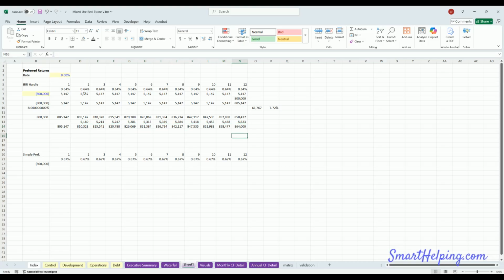If you don't pay distributions out and this preferred return or this internal rate of return compounds, we're at 864, which is what? If you take this against your initial investment, 64,000, if you do that divided by this, whoa, what's that? We got back to our 8% somehow.